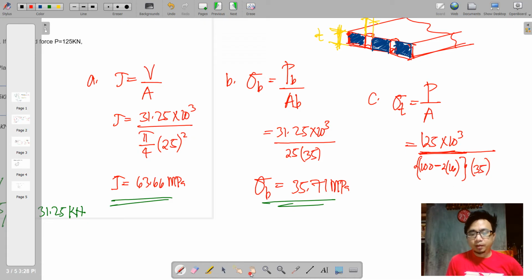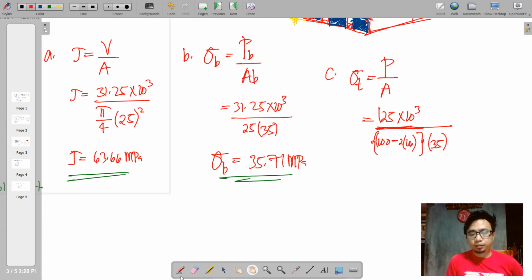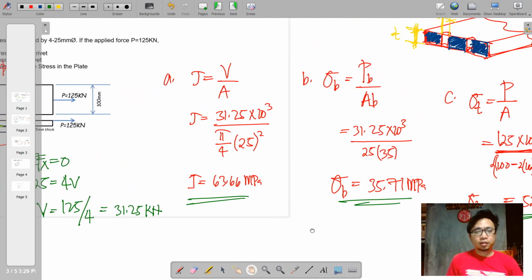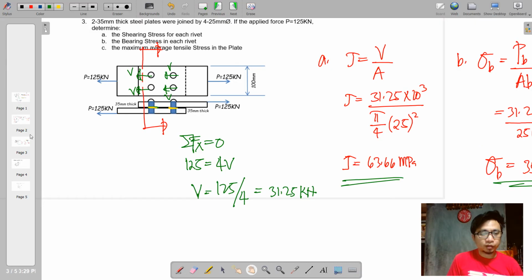Okay, so now maximum tensile stress is equal to 52.52 megapascal. So this is the maximum tensile stress. Okay, so that's it for this problem. So moving on.